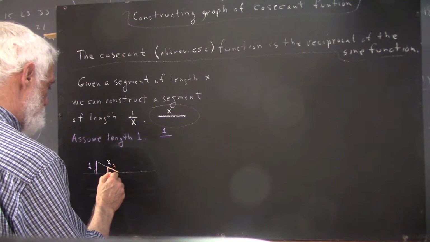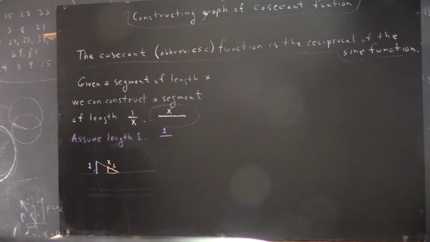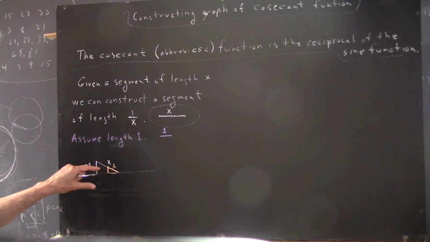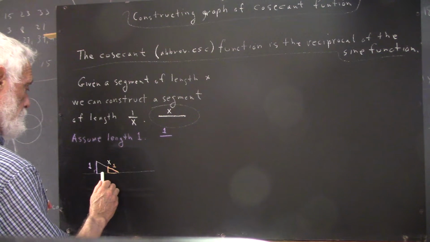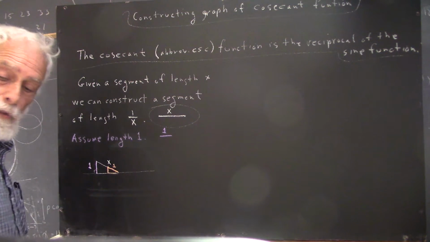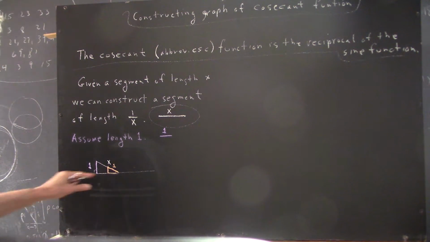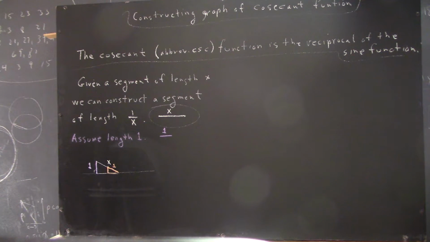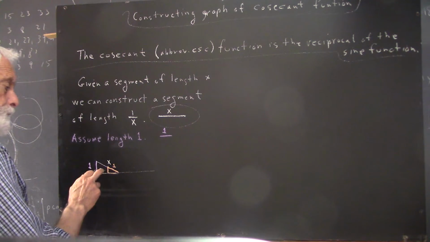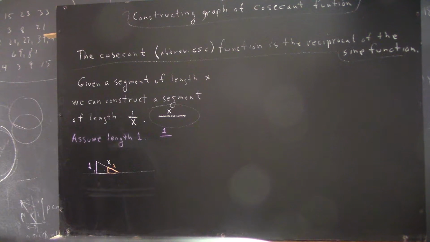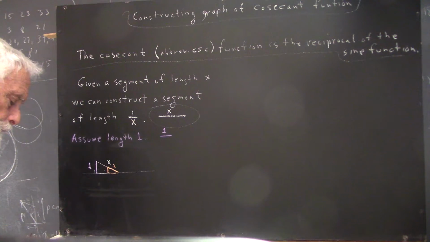So now I've got another triangle, and this triangle is similar to the bigger triangle. I never did really complete the lower side of the triangle. So what is this ratio? Well, I'm hoping this ratio is going to be 1 over x. If it is, then I've constructed 1 over x. If it's not, then maybe I'll learn something that allows me to construct that.